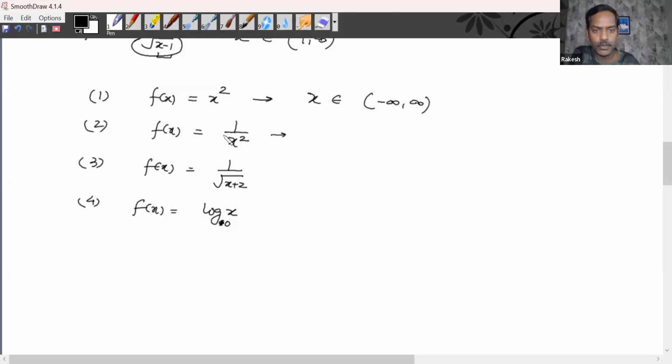Here again, this is a reciprocal. So in the reciprocal, only in the case of denominator being 0, it is not defined. Rest, it is always a finite value. So in this case, the domain would be from minus infinity to 0, union 0 to infinity. This is how we write it.